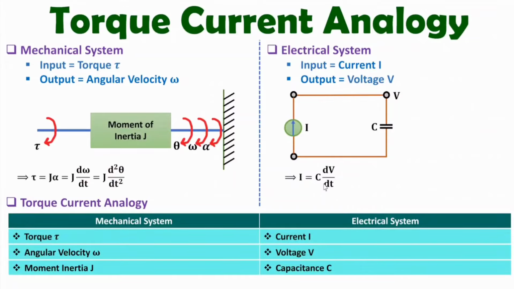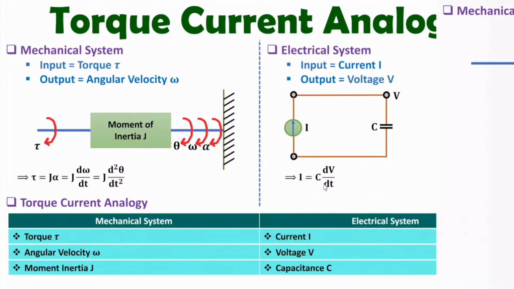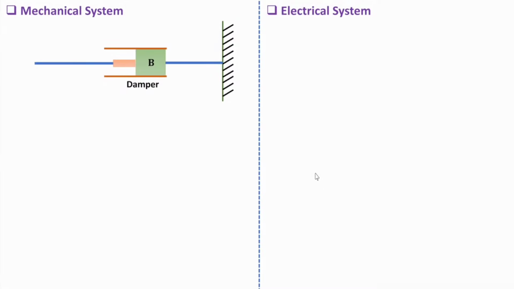Now let us have another element in the mechanical system, that is damper. Here with the damper, the damping constant is B, and let us apply torque tau over here. Due to torque tau, angular displacement is theta, angular velocity is omega, and angular acceleration is alpha.